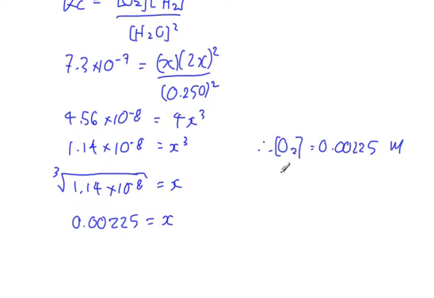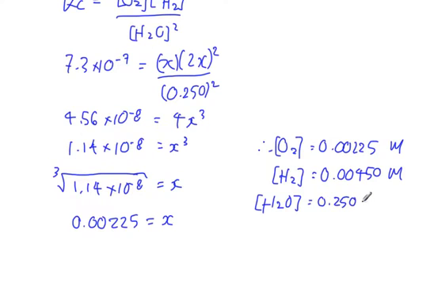Concentration of hydrogen is 2x, so that's 0.00450 molar, and the concentration of water was 0.25 minus 2x, which was 0.00450, which equals 0.246 molar.